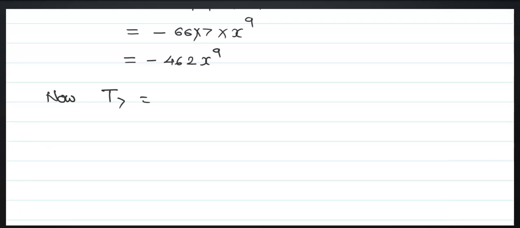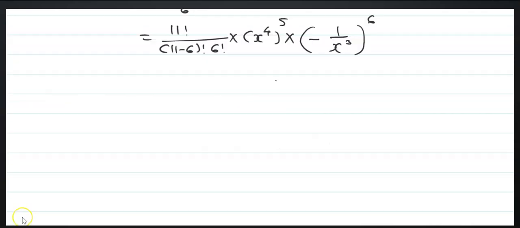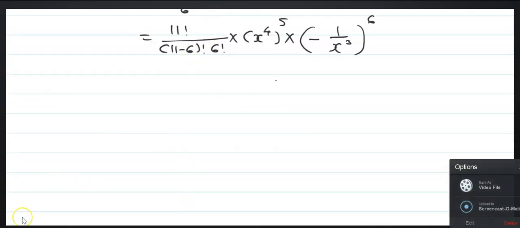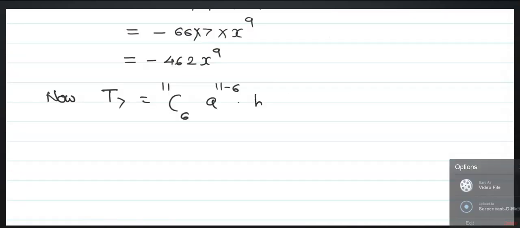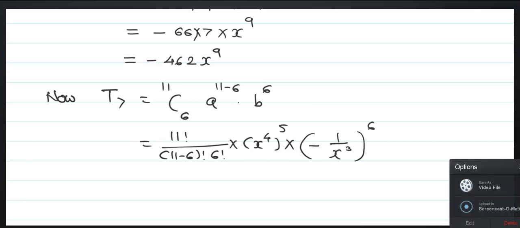Now we'll find out the T7, and here r is equal to 6. 11C r, 11C 6, a raised to 11 minus 6, b raised to 6. Therefore, now see this, 11 factorial upon... This is the formula.